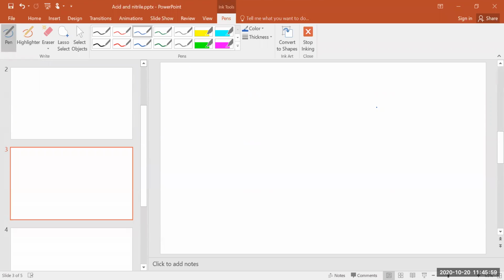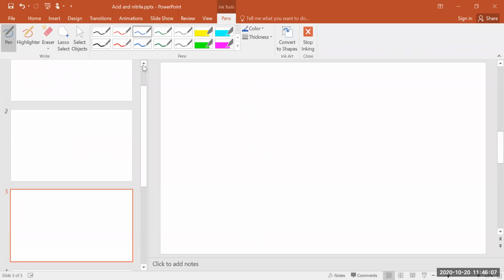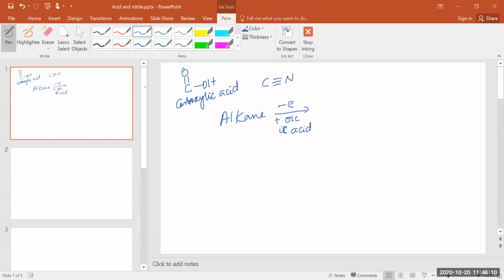So the product will be alkanoic or alkanic acid.